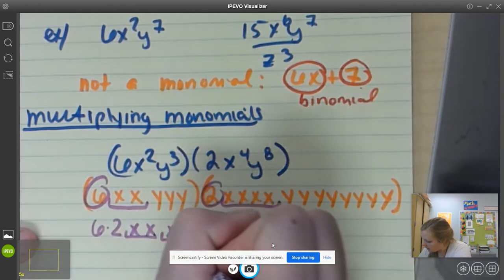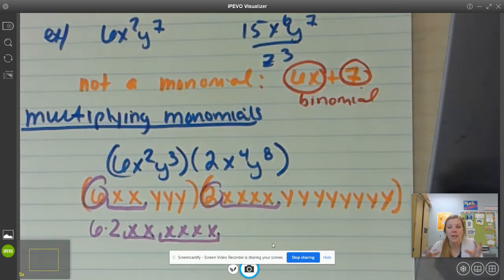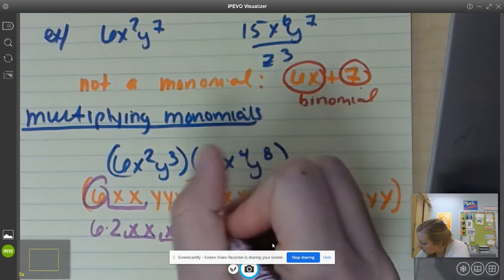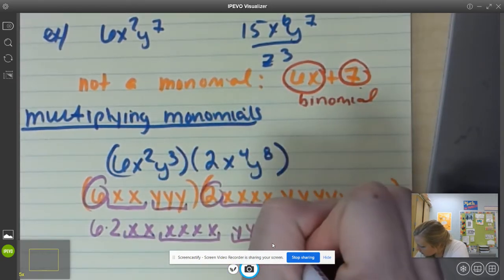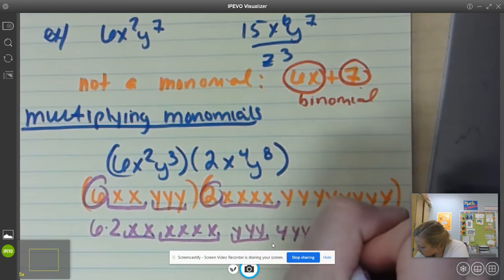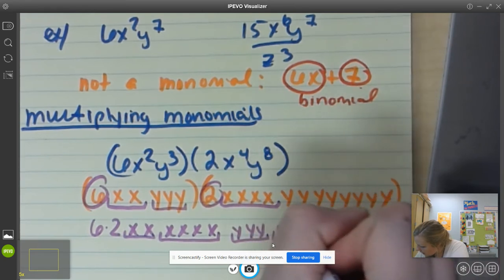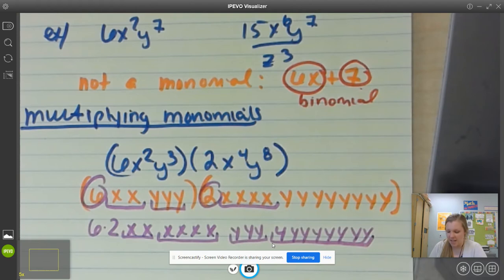We're just reorganizing these to put all the x's together, and then we can put all the y's together. The 3 y's from this group, and the 8 y's from this group. Again, you don't have to do this every time. This is just what I'm thinking about and the why behind it.